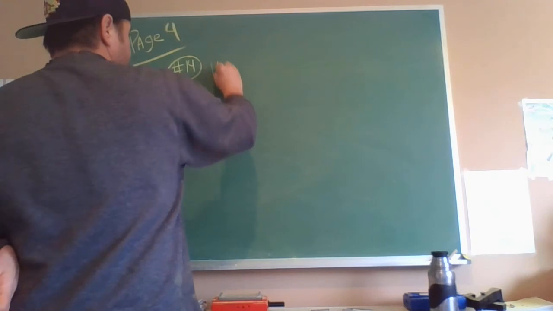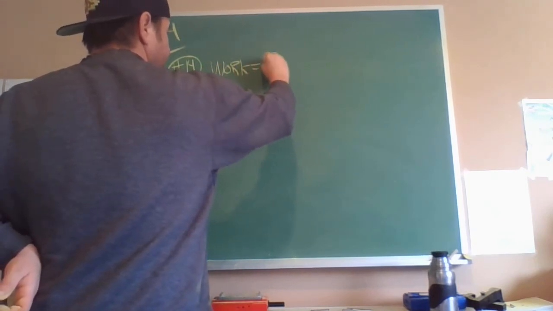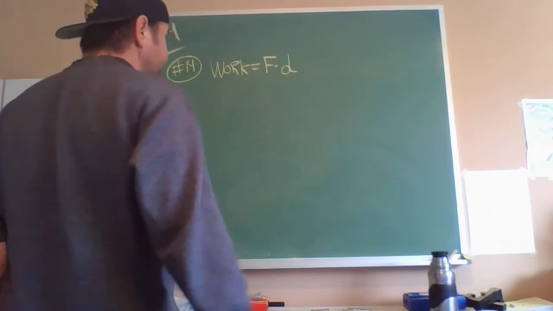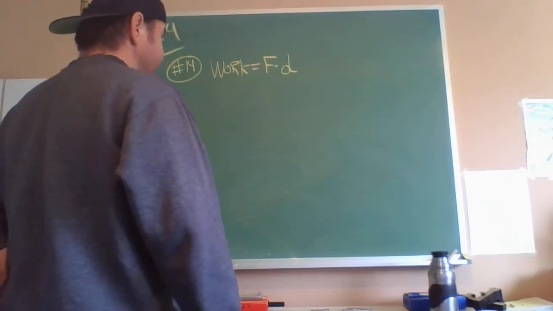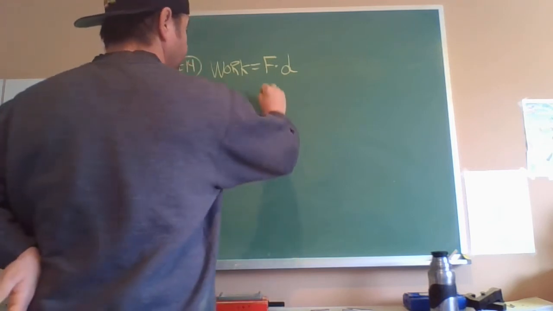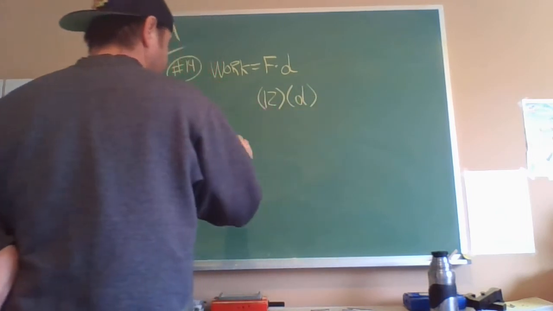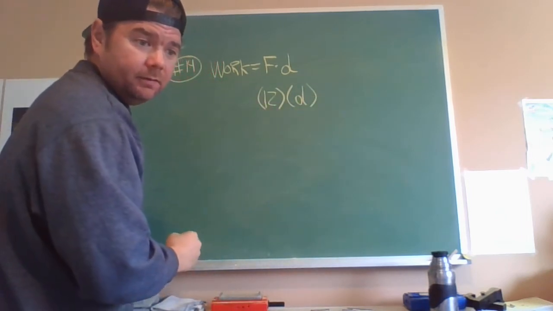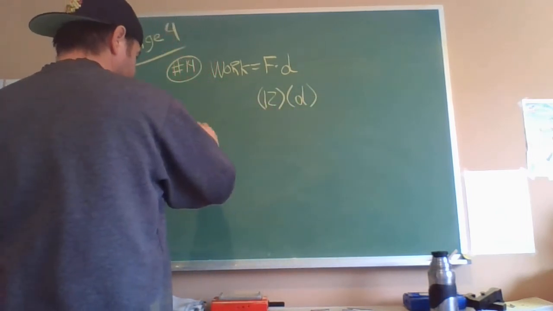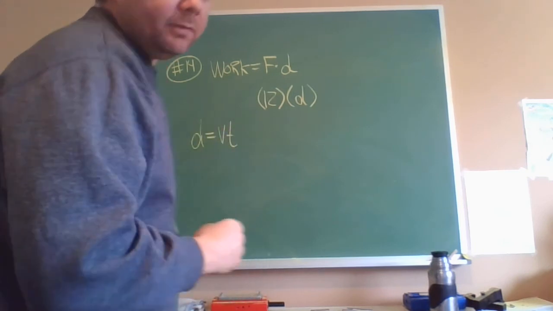So again, coming back to the notion of work equals force times distance. The force we know is 12 newtons, so that's cool, but what is the distance? Well, I think we have to get the distance by going back to the fact that distance equals velocity times time.